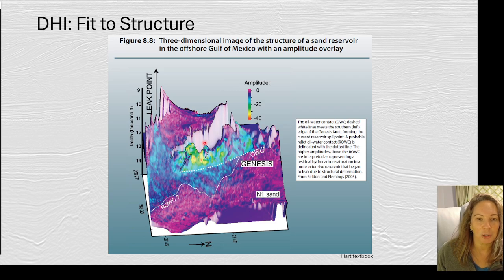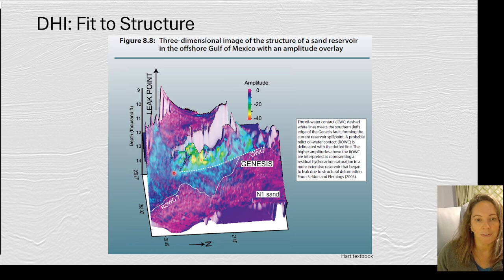But one thing that's kind of interesting is you can see there's a fault in this area. And you can see a smaller fault right off to the side here that I'm trying to point out. And one of the things you'll notice is that the oil-water contact only goes to that fault. Okay, so it seems like the hydrocarbons are only above the tip of that fault, which suggests that at one point, this fault was probably allowing further migration, or it was leaking the hydrocarbons out.